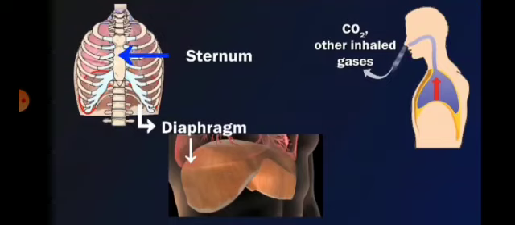Here it is a really important point to note, children, that not only carbon dioxide but all the other gases are also present in the surroundings. So when we inhale, not only oxygen goes inside our lungs, but lots of other gases and particles also go inside, but only oxygen diffuses at the alveolar surface.